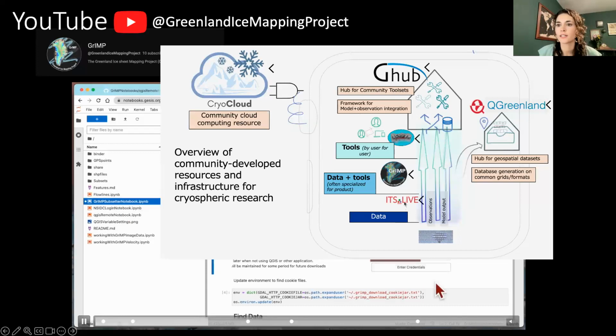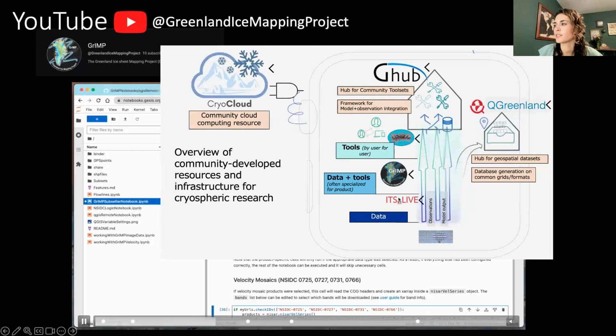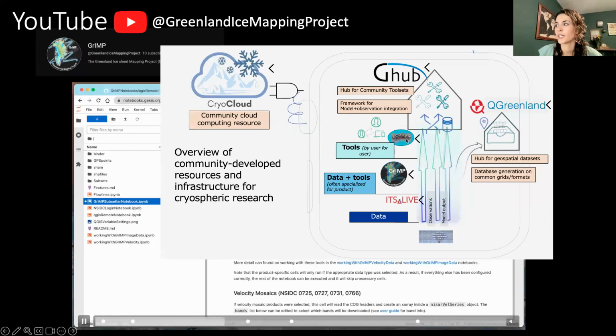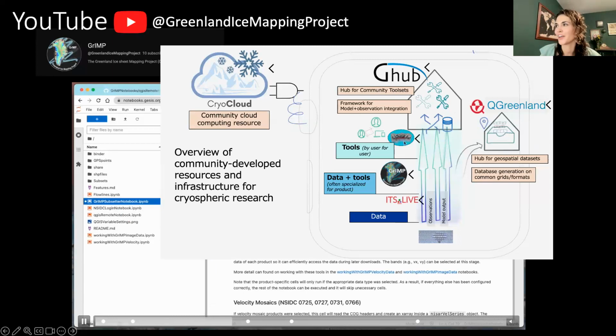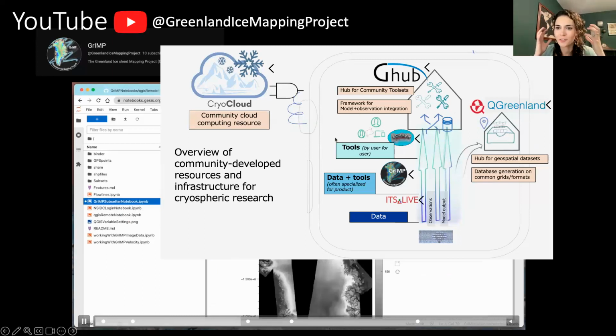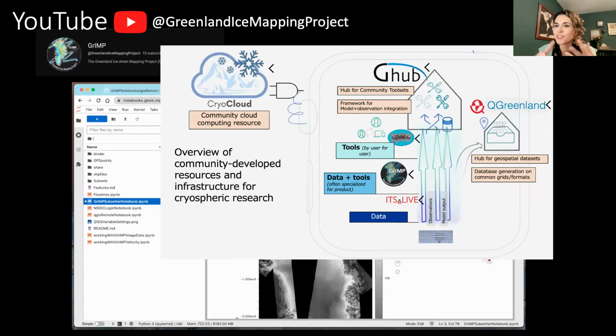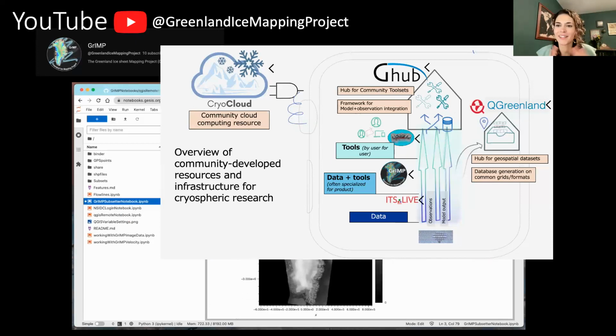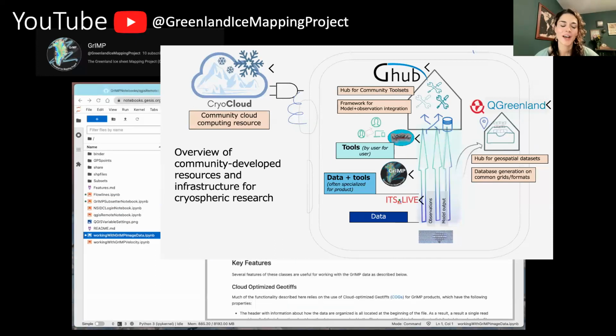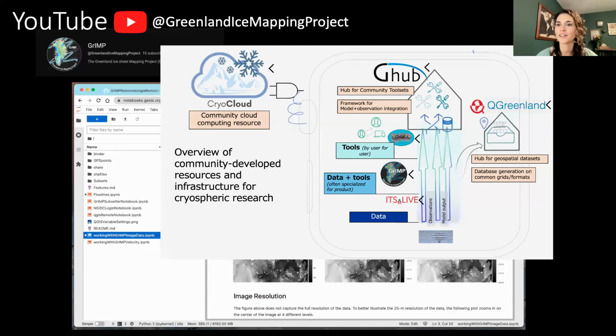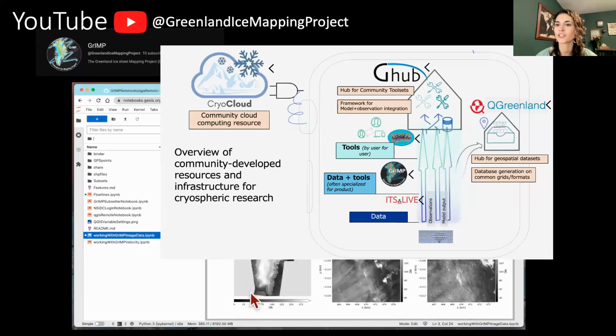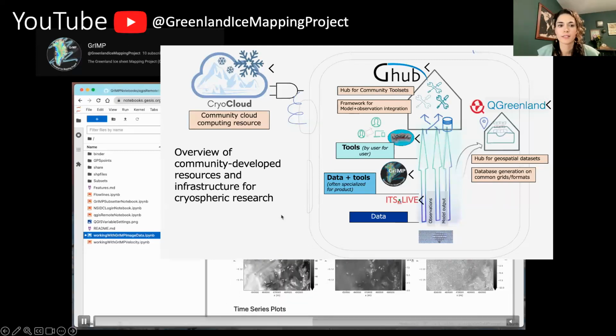There's also ITS_LIVE, which is a global glacier velocity data set. IcePyx is tools. So there's a lot out here, and I tried to put together this schematic to think through how the different tools and data sets and hubs and clouds all fit together. But the point I'm trying to make is there are a lot of community efforts at play to consolidate our efforts and make sure we're doing reproducible, open source science that brings on as many people as possible and maximizes work effort.